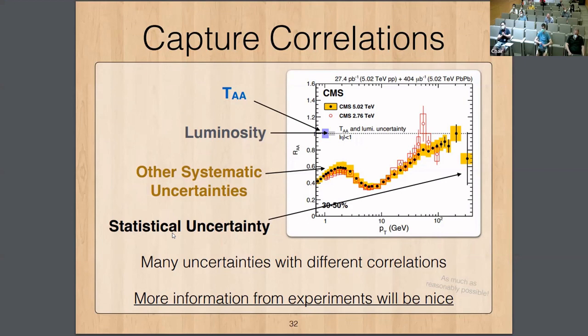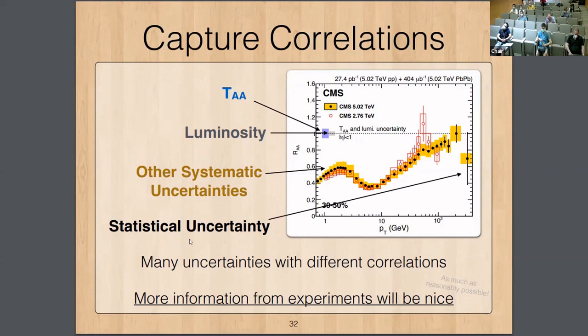While this is nice to look at, there is some information that's missing in order to have the full picture. First of all, there's no correlation information on the systematic uncertainties. And also on the statistical uncertainty, if you do unfolding, then they will be correlated to some extent.